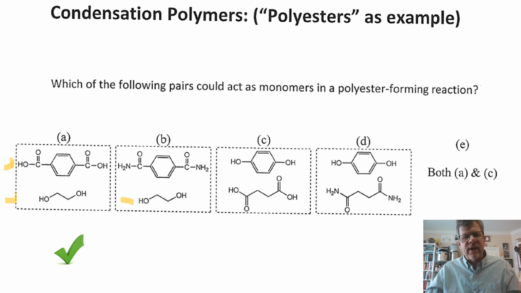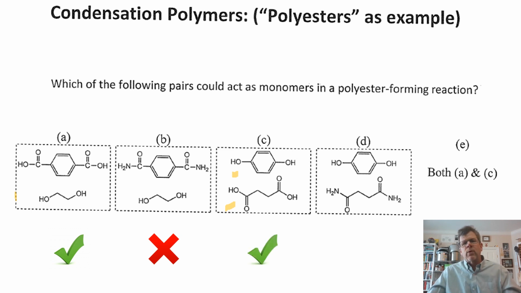Next one, here's an alcohol, but this isn't a carboxylic acid. This is actually an example of an amide, a diamide. So this would not be able to react together as monomers in a polyester forming reaction. You see where I'm going with this. Let's look at the next one. Well, there's a dicarboxylic acid, a dialcohol, check. That would work as monomers in a polyester forming reaction.